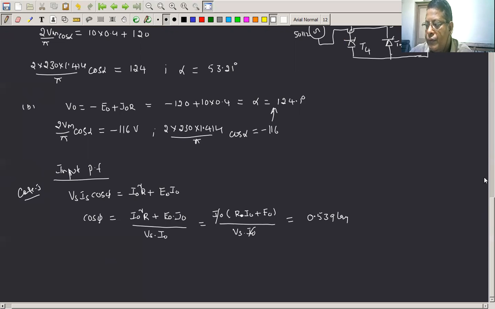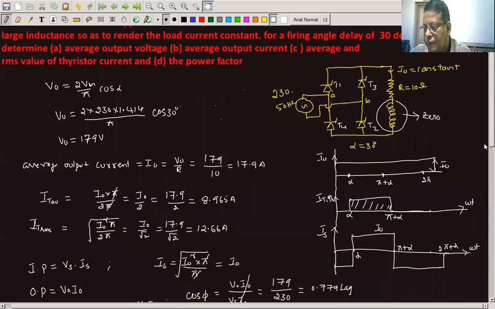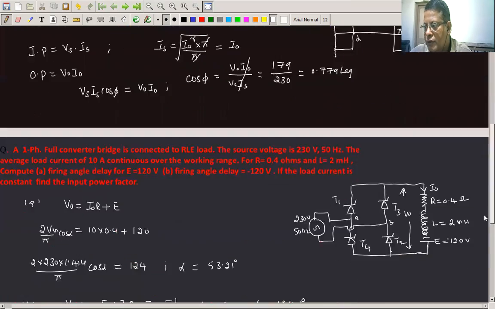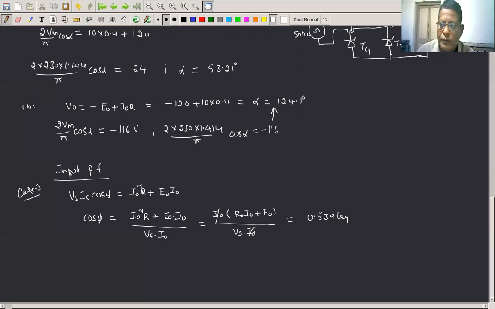In case two, again the same formula you have to use here. Vs Is cos phi equal to I naught square R minus E naught into I naught.